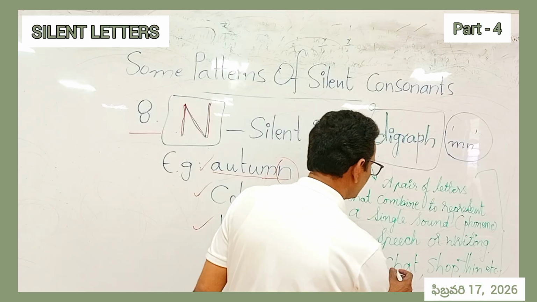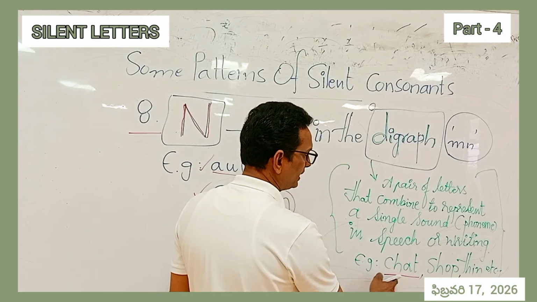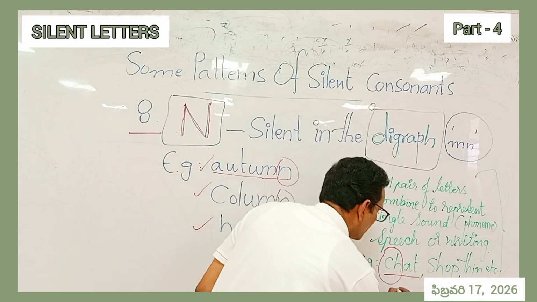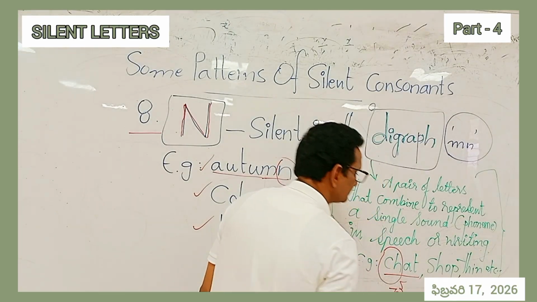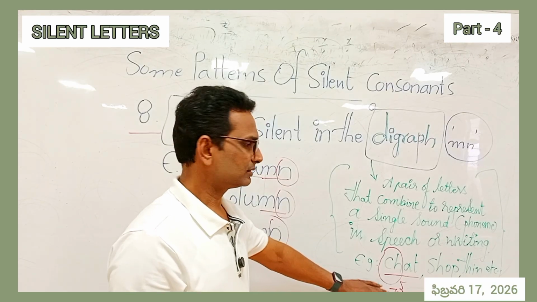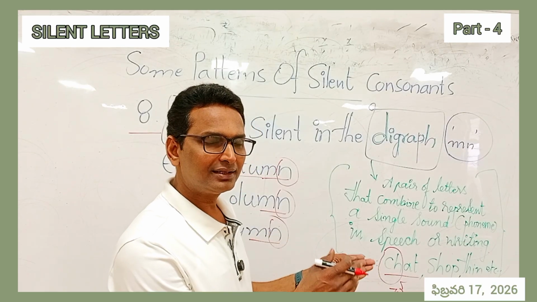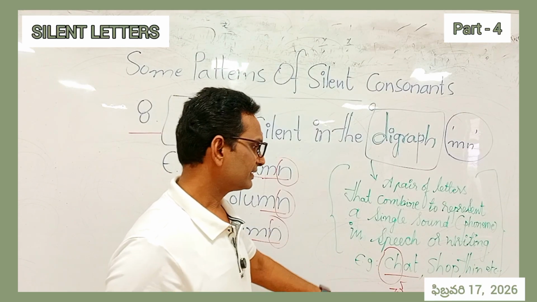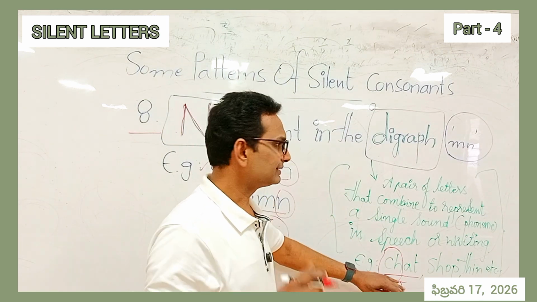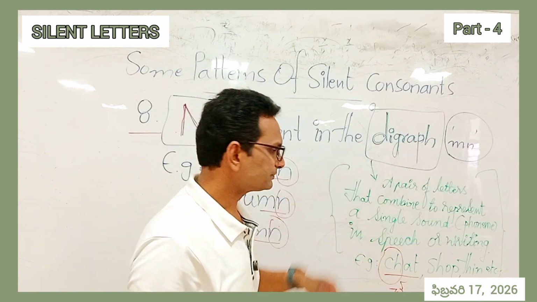Examples: if you take the word chat, two letters are combined to make one sound, ch. In Telugu, we can represent it like this: cha sound. C is a different letter and H is a different letter. These two letters are combined to make a single sound, and that's called a digraph.